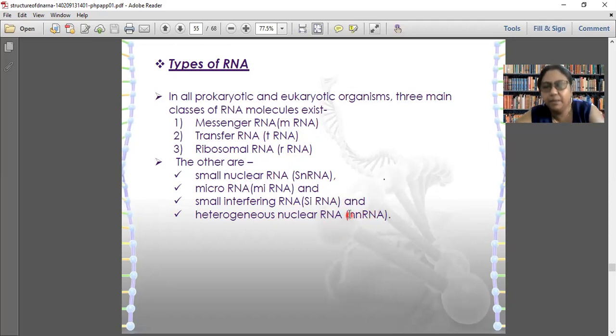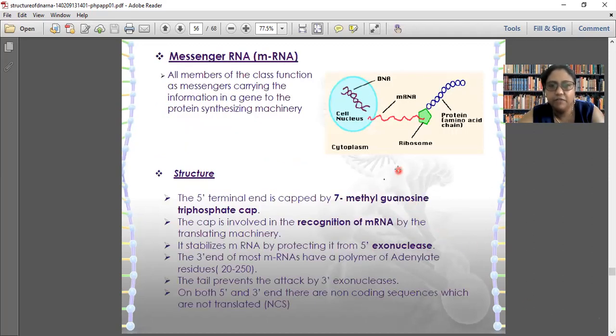It will be a bit difficult for you to remember each of them. Now I'm going to describe the structure, but in this chapter itself, we are going to read separately about messenger RNA, transfer RNA, and ribosomal RNA. At that time, it will be easier for you to understand the differences and their functions.